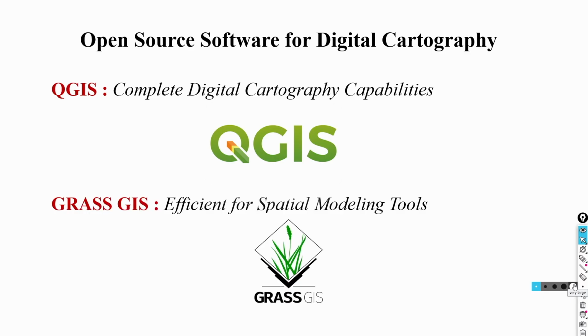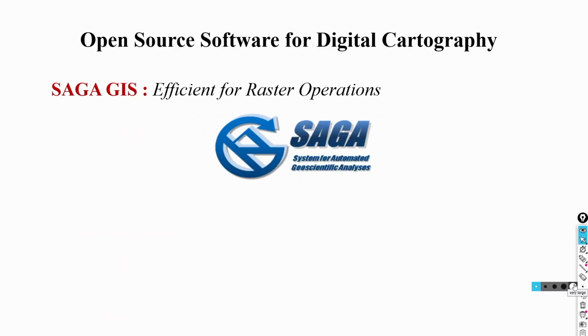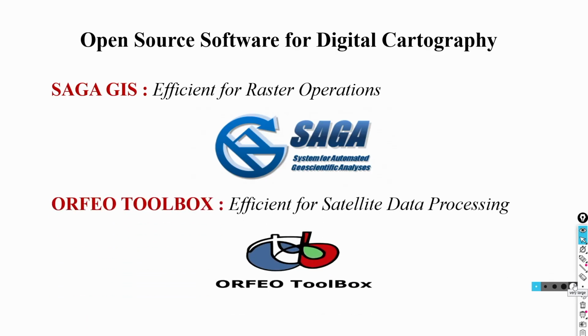We are not going to see that in this series of lectures, but you can try to explore that also. And next you have something called SAGA GIS, which is also very efficiently used for raster operations. And then you have the Orfeo toolbox, which can be used for satellite data processing.